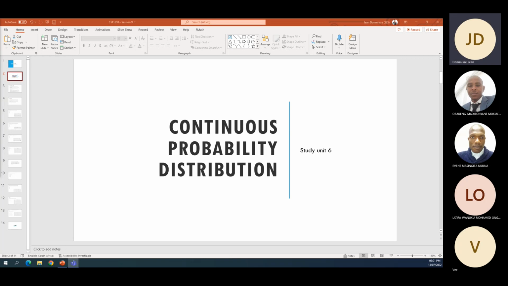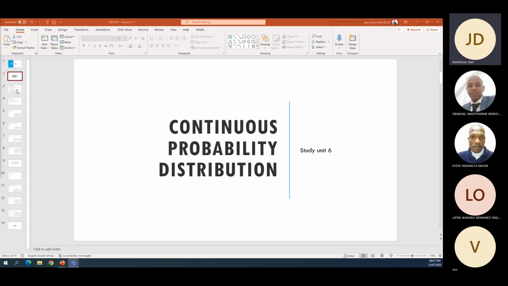So that's why I rather focus a bit more on study unit 6, or chapter 6. I think it's quite important for the rest of the study units.